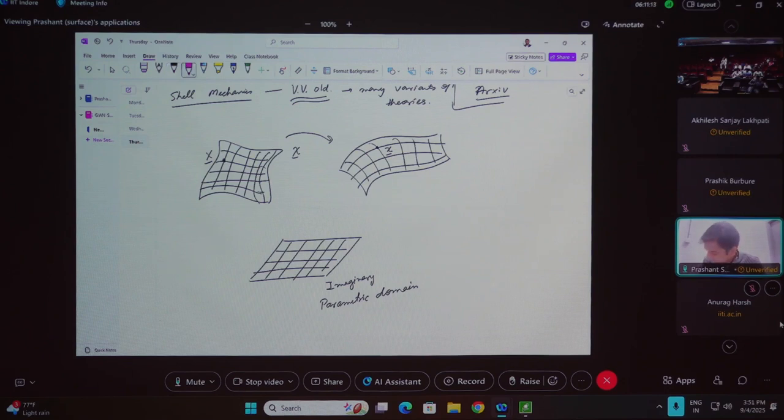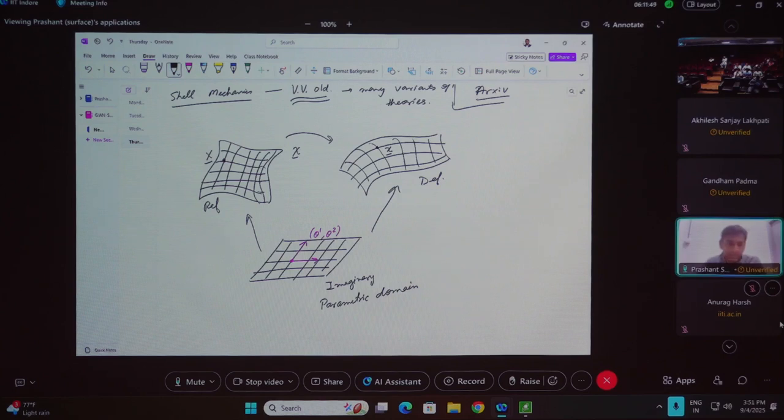So you can have a coordinate axis going this way and that way, and you have two coordinates. Usually they are called θ1 and θ2. And then you can see how the reference configuration and the deformed configuration are linked to the parametric domain. And this allows us to do the mathematics very efficiently in a very general manner.